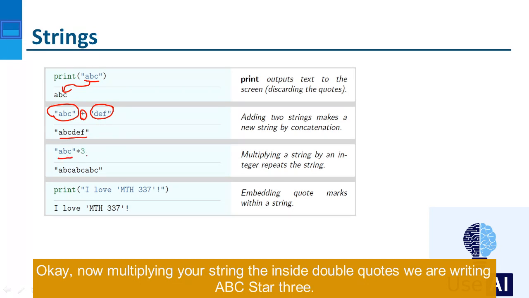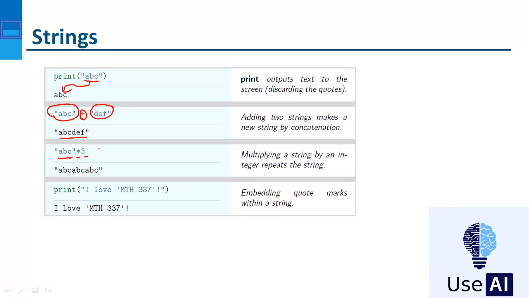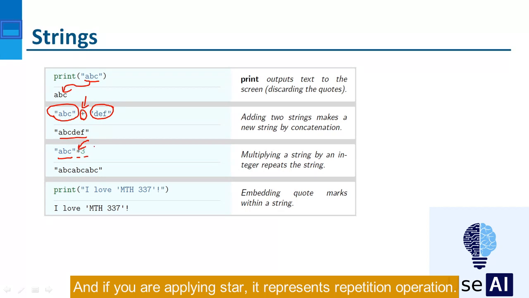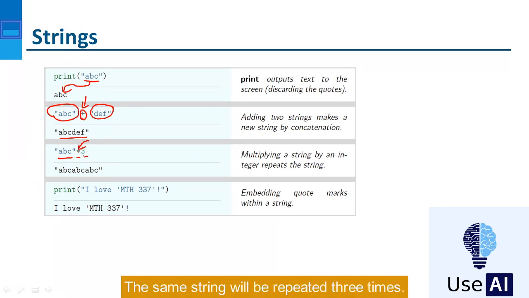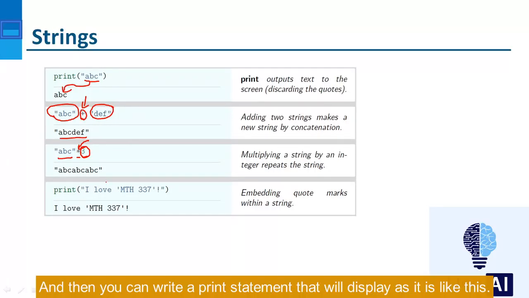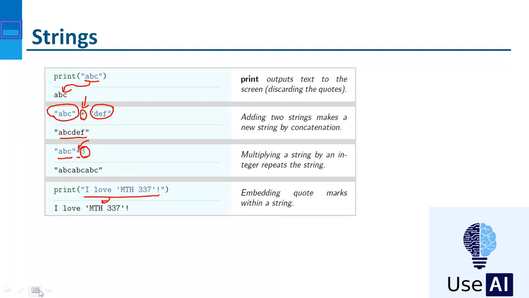Inside double quotes we are writing ABC star 3. So this is nothing but the repetition operation on strings. In strings, if you apply plus, it represents concatenation, and if you apply star, it represents repetition. The same string will be repeated 3 times. Okay. And then you can write a print statement that will display it as it is.